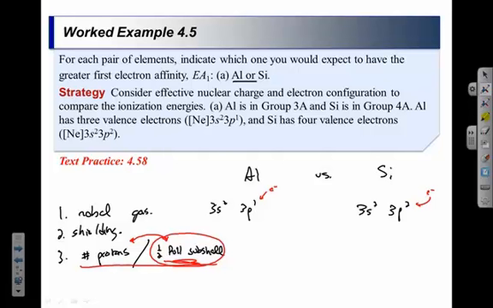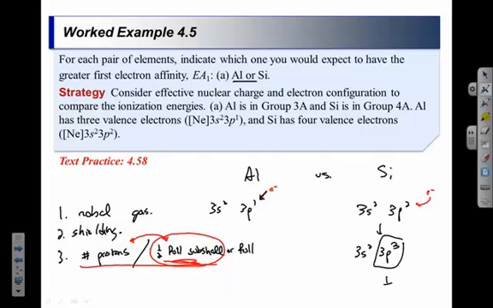So if I add a new electron to the aluminum, is that going to make or break an exactly full or exactly half full subshell? No, it's not going to do anything for the aluminum. Will it make or break an exactly full or half full subshell for silicon? Yes. If the silicon picks that electron up, it'll go from 3s2, 3p2 to 3s2, 3p3.